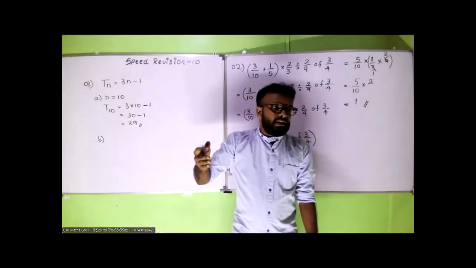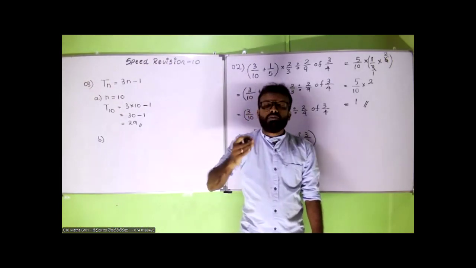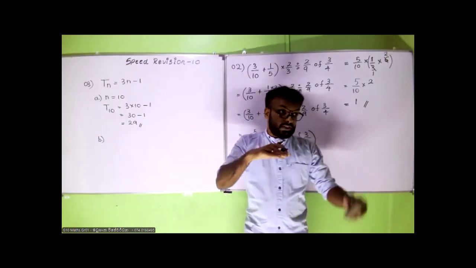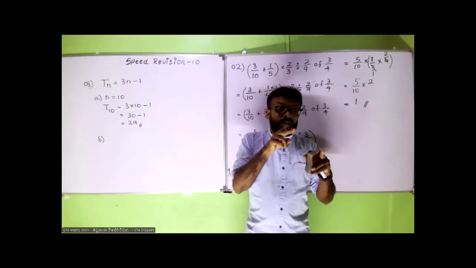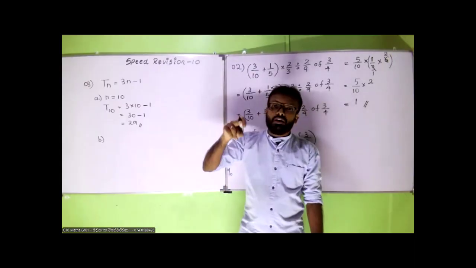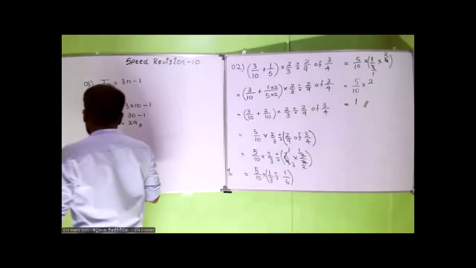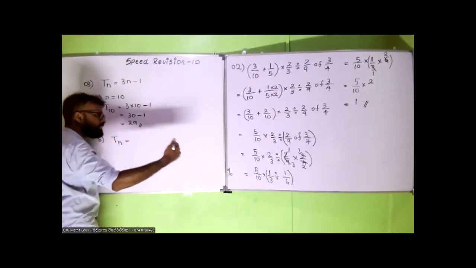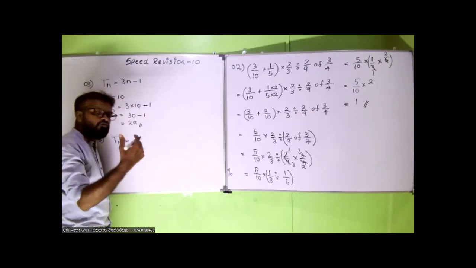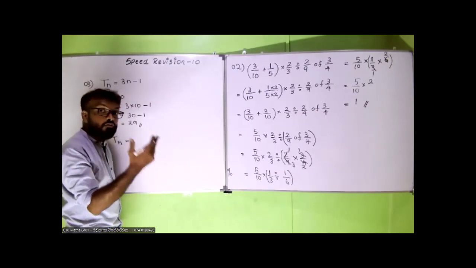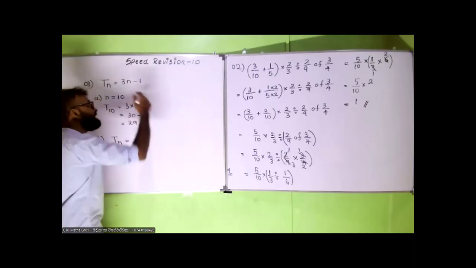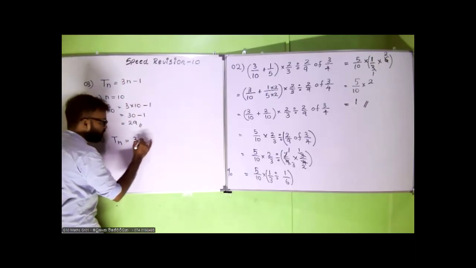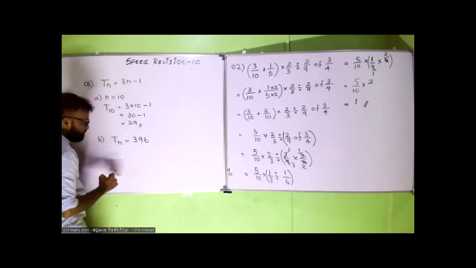Right? Alright. In part B, what they are asking is, which term is 396? If they are asking which term, that should be your general term equating to 396. Tn, because they are asking something like which. If they are asking which, you need to find the value of n itself. So n is included in the general term, right? So Tn should be equal to 396.